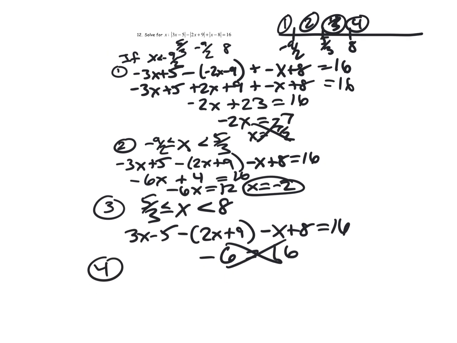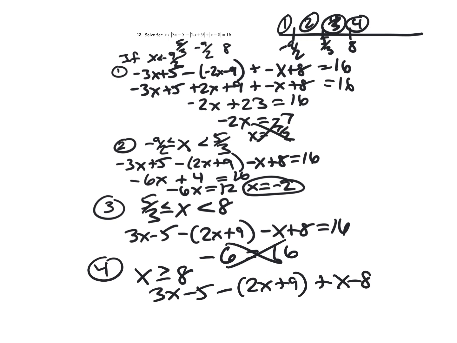Final case is if x is greater than or equal to 8. All right, so in this case, it looks like everything inside the absolute value would be positive. So absolute value really is just acting as parentheses for all the cases. So let's see what we've got.